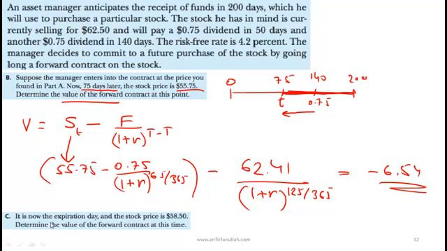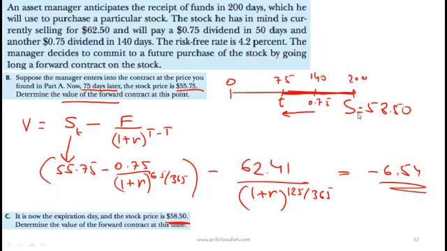It is now expiration day and the stock is worth 58.50. Determine the value of the forward contract at this time. If the spot price over here is 58.50, who benefited?